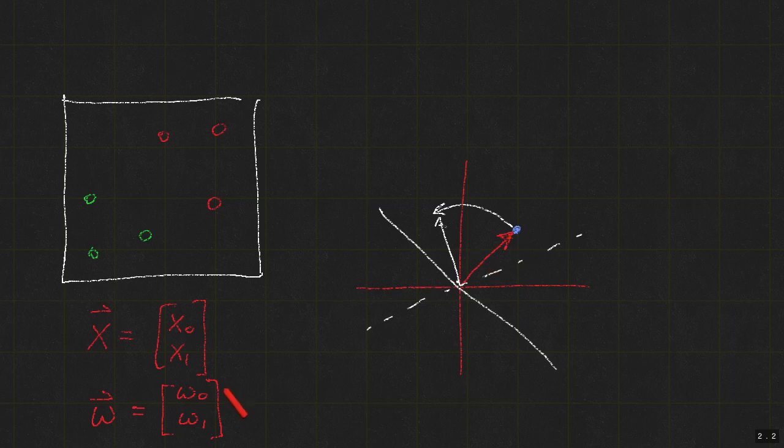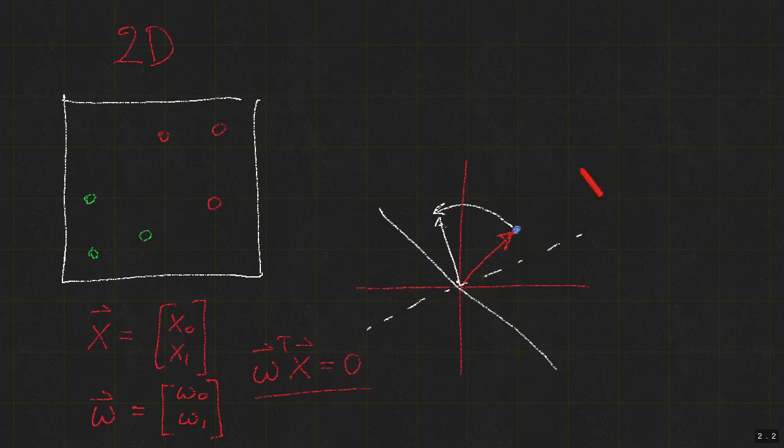So just working with this w and x and having that equation means that our hyperplane, or a line in this case, in the 2D case, will always have to pass through the origin, and all we can do is rotate w around.